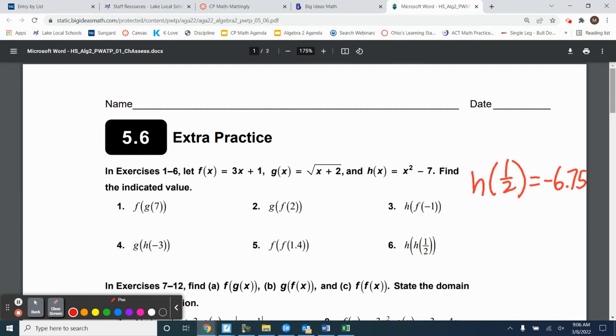Don't forget things. Then you square that. Right, then you're gonna square that. So what you're putting in, then you're doing that, right?